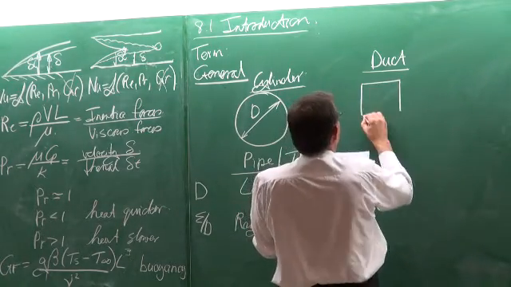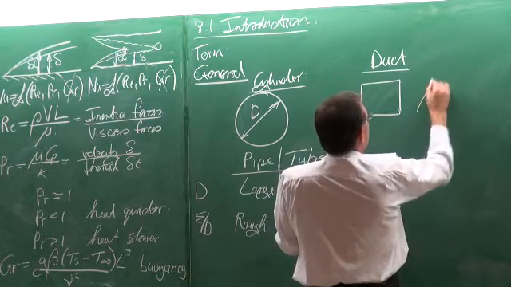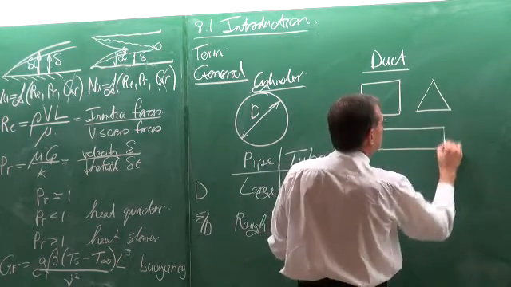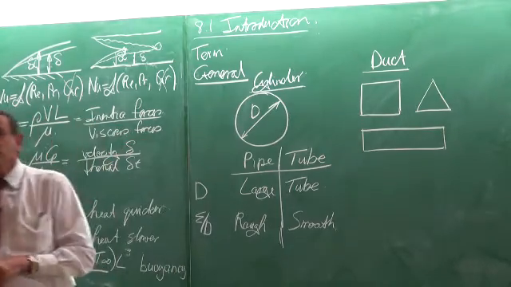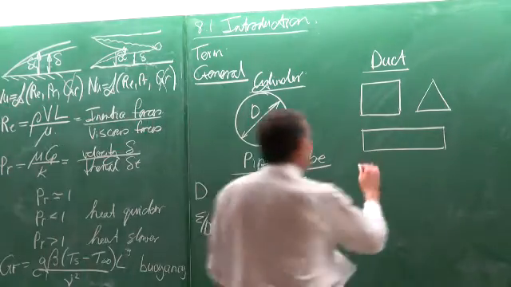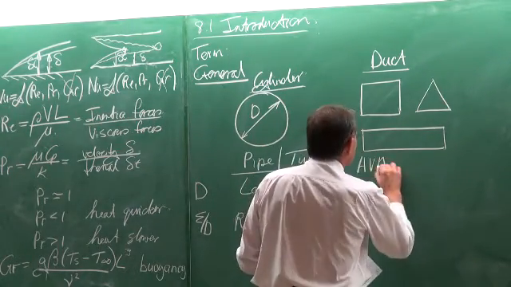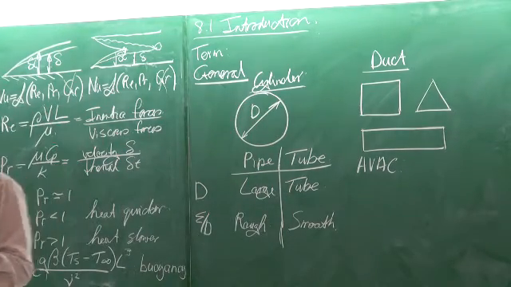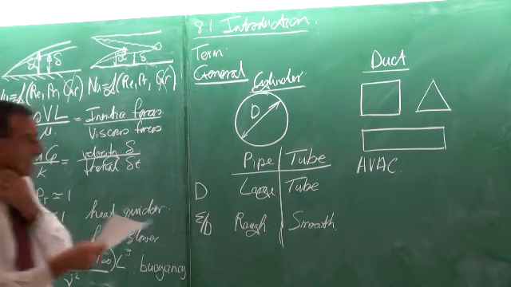And that will be a geometry like a square, one like that, or typically like that. Where do you get that? You get that typically in the heating, ventilation, and air conditioning industry, where buildings are being air conditioned.